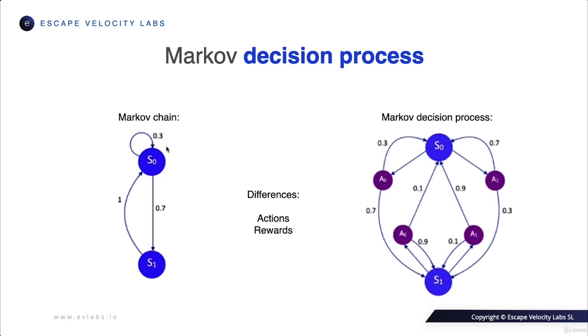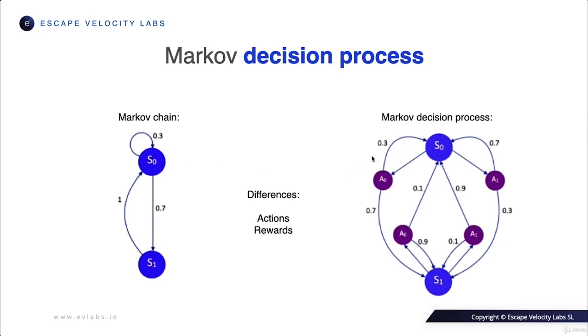In this chain, the process starts in a particular state, S0, and at each moment in time, it has a probability of changing states to S1, and that probability is 70%. And also with 30% probability, it will remain in state S0.